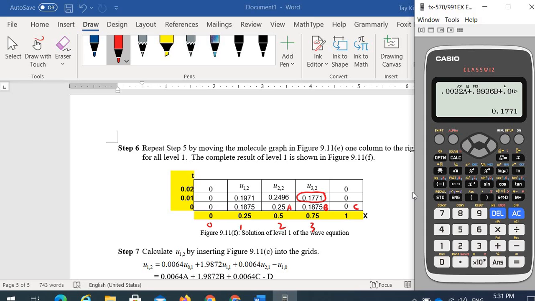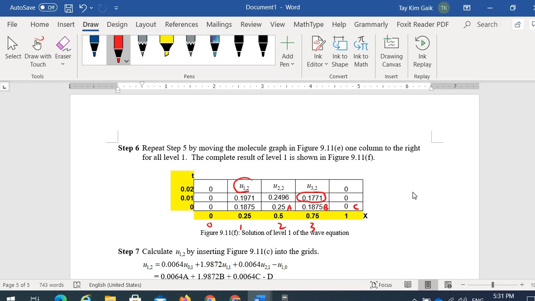So we can use a 3-level molecule cell graph to calculate U12. It will depend on these 4 values: U11, U12 depend on this cell and this.